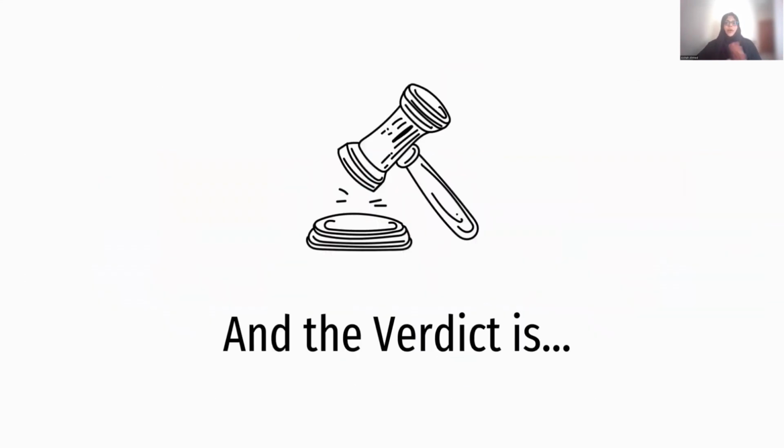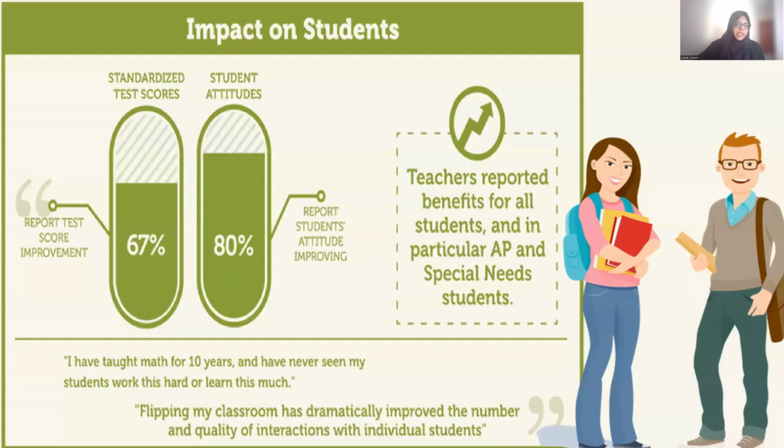So, all of that glorifying talk for flipped classroom, I get it, you get it, but does it really work? Where's the evidence? Let's see. So here we see that the impact on the students who have been through the process of flipped learning, you can see how their attitude to learning is increasing and how their scores on the test keep on increasing.